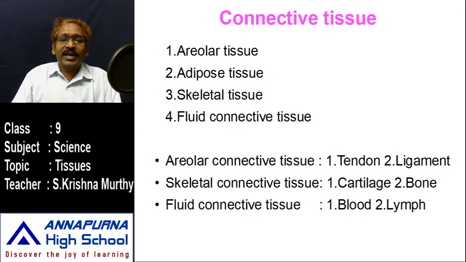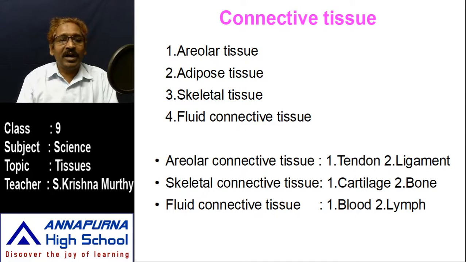How many kinds of connective tissues? Areolar tissue, adipose tissue, skeletal tissue, and fluid connective tissue. This is the flow chart of the connective tissues.